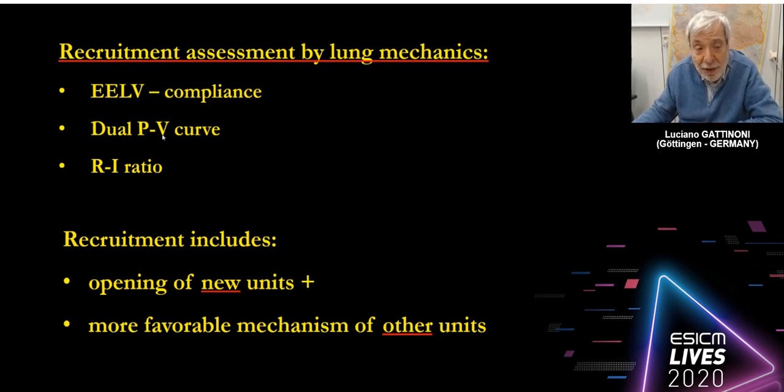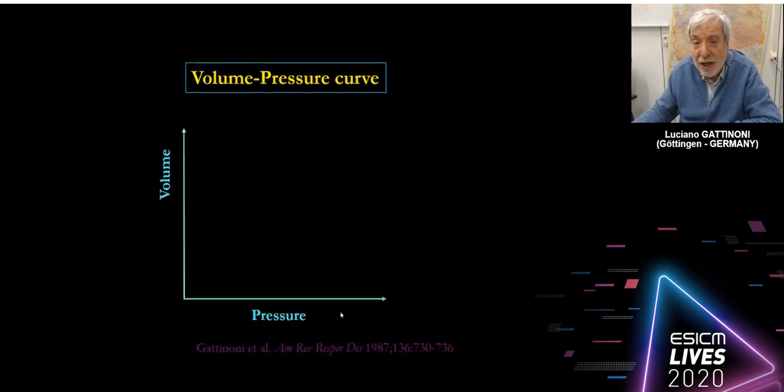The same principle is applied to the dual VP curve and to the RI ratio, and we had a lecture about that before. It's important to understand that this recruitment does not include any information about the gas exchange, about the perfusion, and this recruitment includes opening new units plus a more favorable mechanics of other units which are already open.